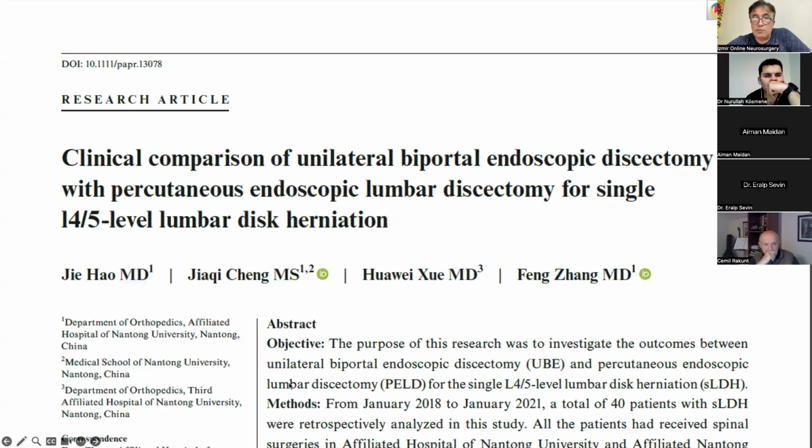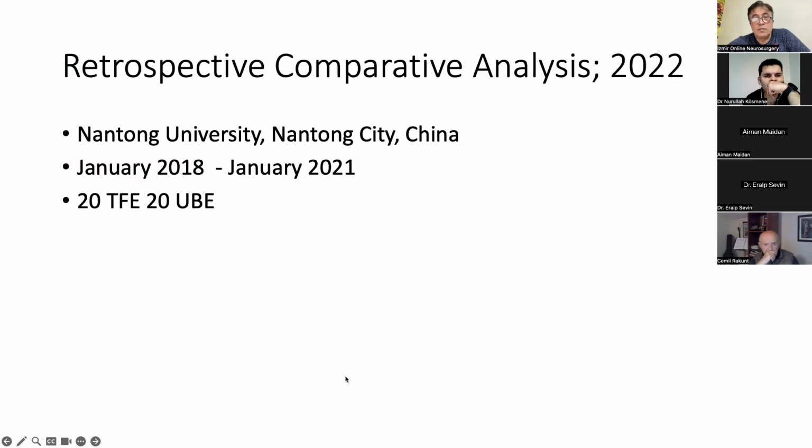Another publication. This publication is from 2022. The cases were operated on between January 2018 and January 2021. There are 20 transforaminal discectomies and 20 unilateral biportal discectomies.